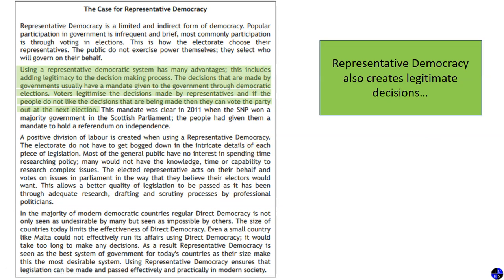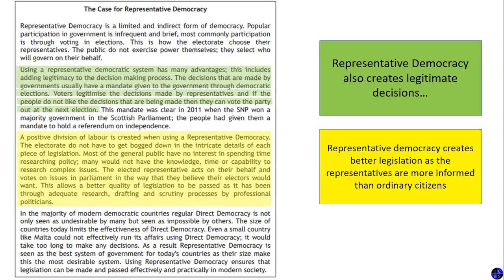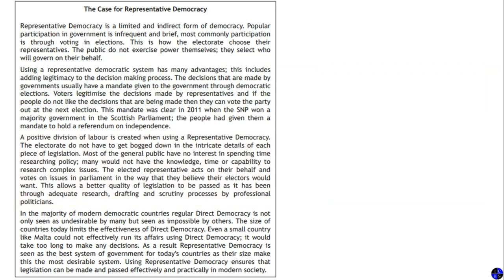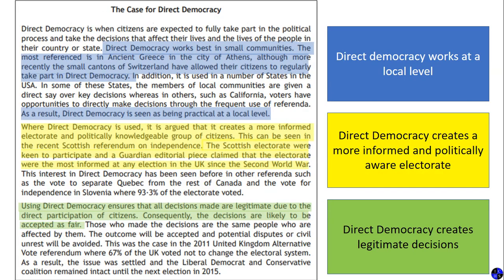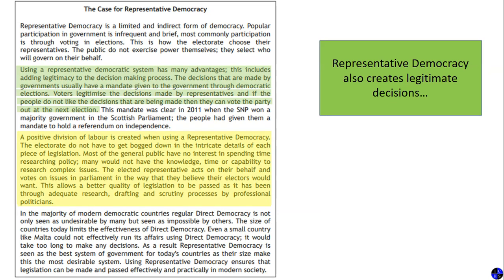Going further down, you can see elected representatives act on people's behalf, so they have more time and therefore more expertise, and can therefore produce better quality legislation. So we go for that one in yellow: representative democracy creates better legislation because people are more informed, and you can start to see how that is very similar to the thing we made yellow before about this better informed citizenry making decisions.